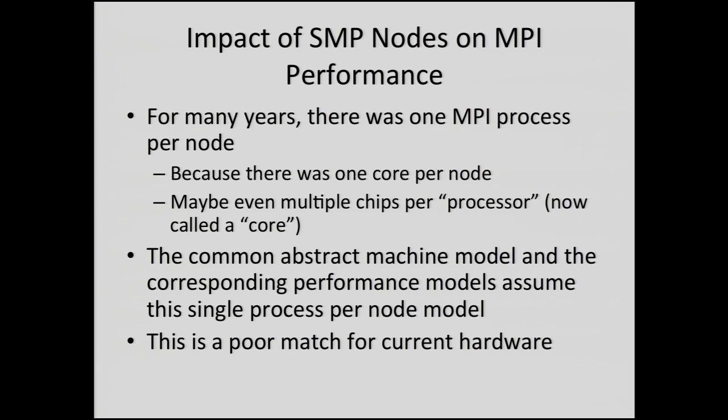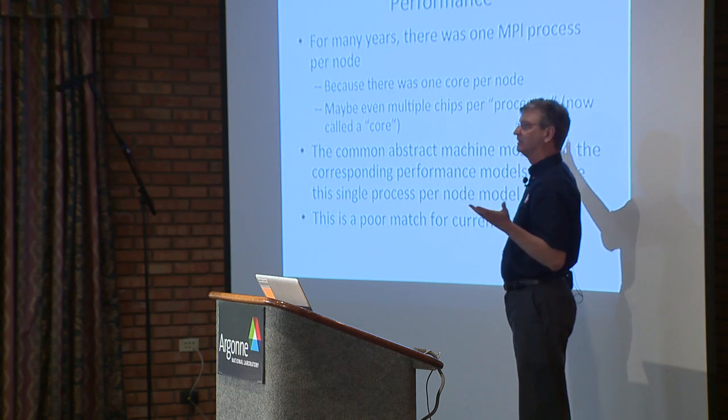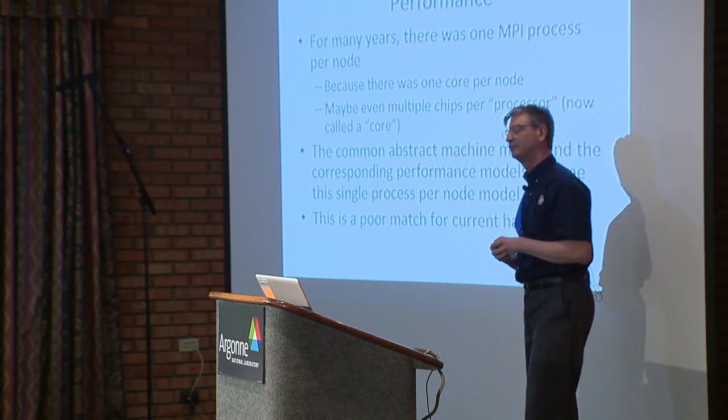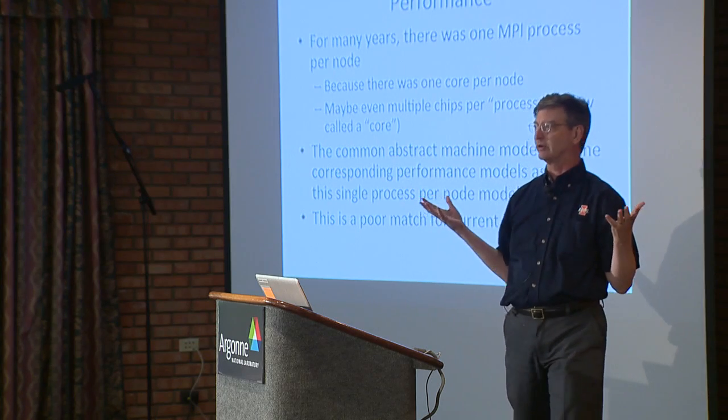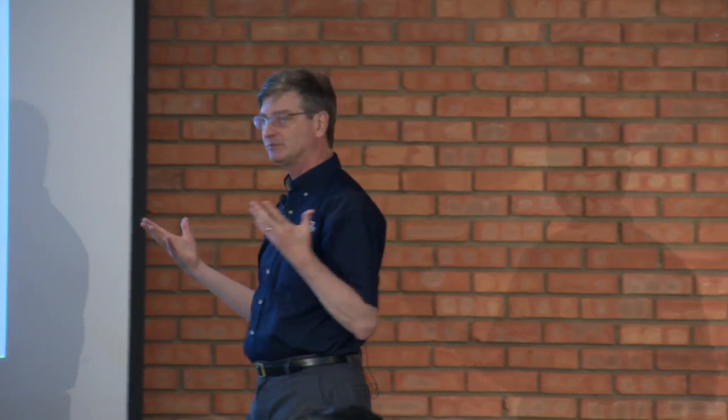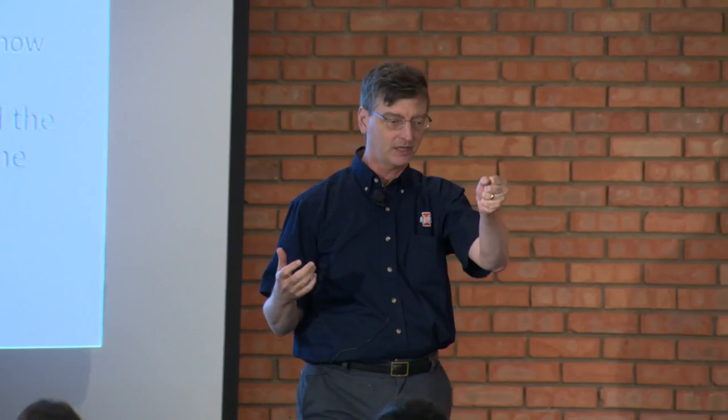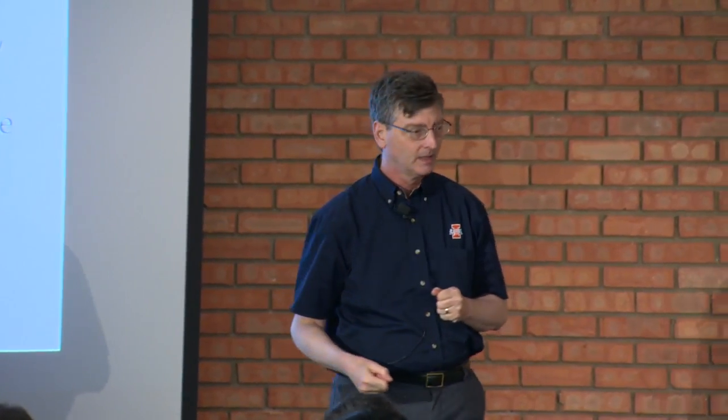If you look at papers that talk about complexity models for message passing programs, there is an abstract machine model, which is a processor, which is a core, running an MPI process, connected to a network, and talking to another MPI process on a core somewhere else. And then I talk about the latency and the bandwidth between those. That used to be what the machines looked like a long time ago. It's not what they look like today.